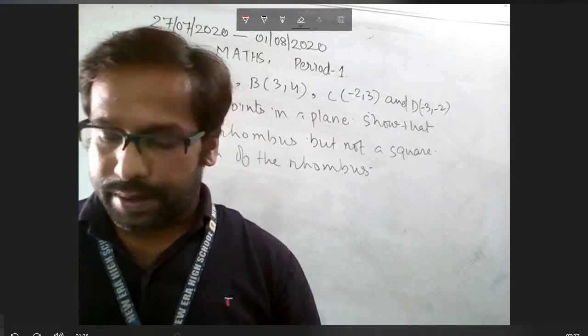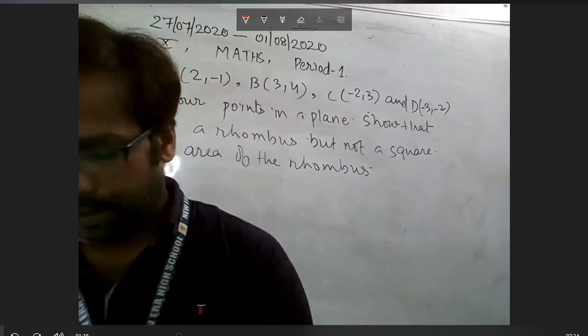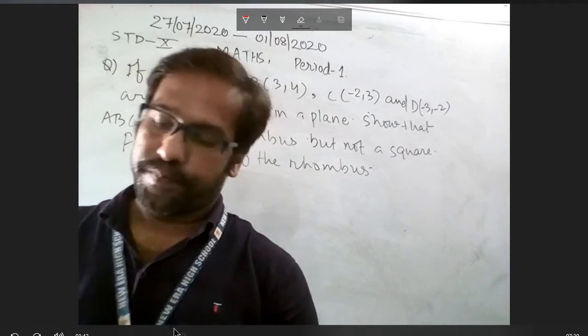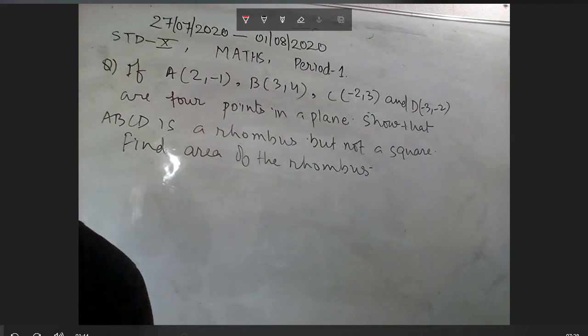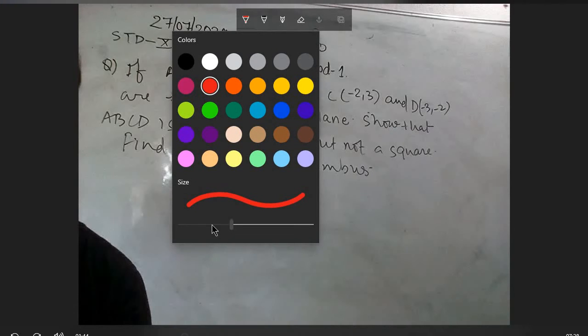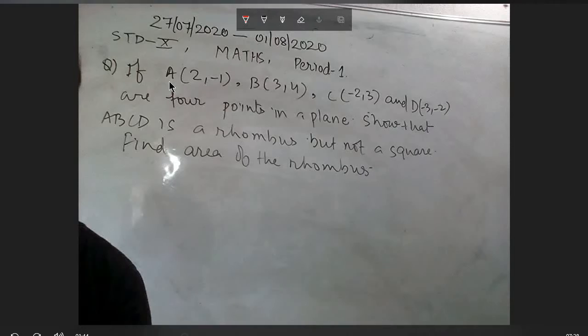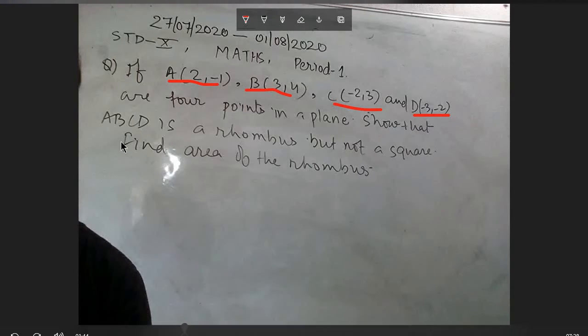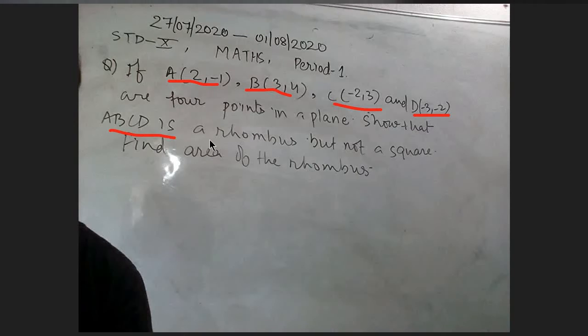One more time, you may see what the question says. There are some points given here, these are the points A, B, C and D. They are the 4 points in a plane, and we have to show that ABCD is a rhombus but not a square.